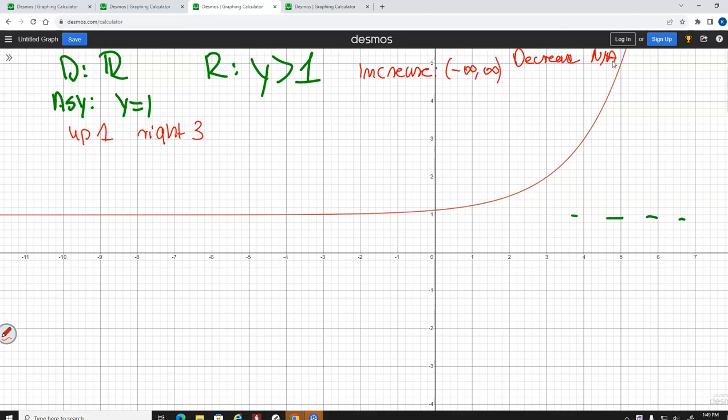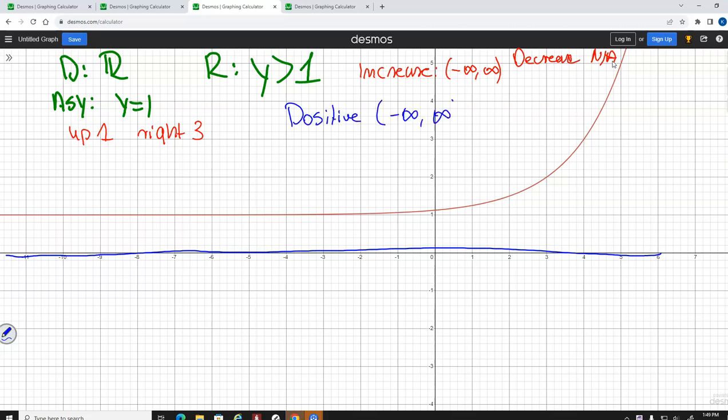Now, positive numbers, negative numbers, this is your x-axis, whether it's above or below. Everything is above, so that means positive is going to be negative infinity to positive infinity, looking left to right, and there is no negatives. Everything is above 0.